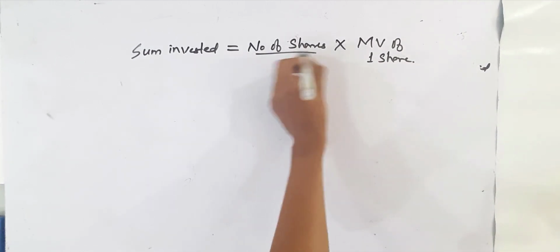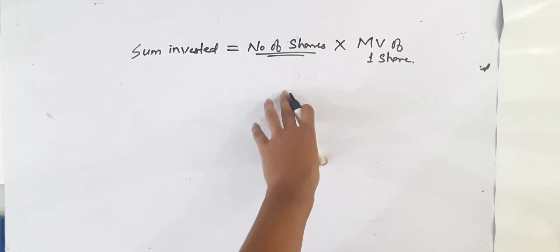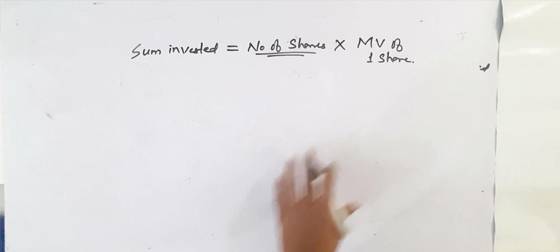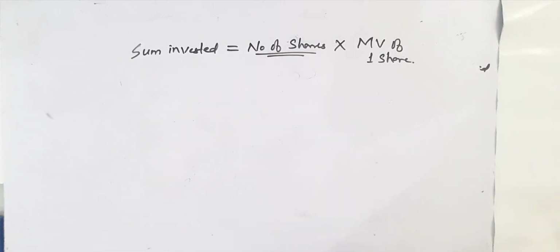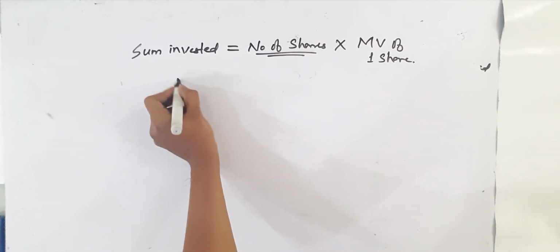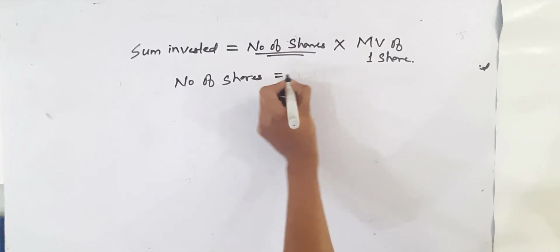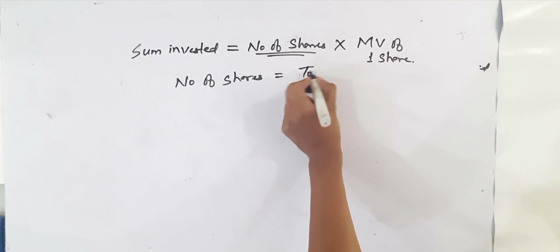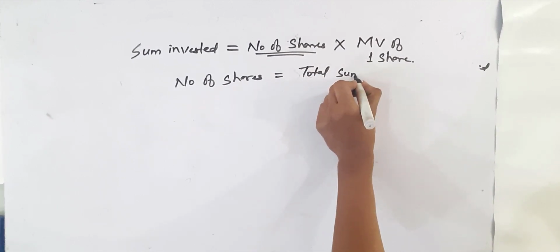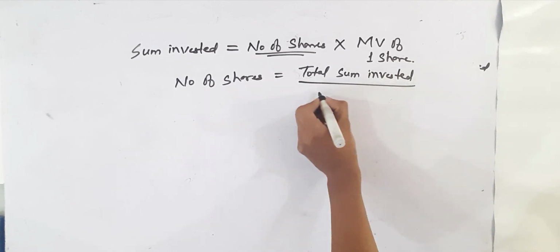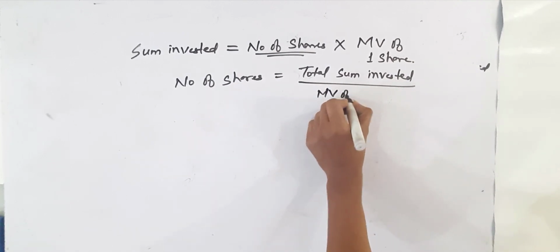The person will be able to purchase a share at its market value. So from this formula we can say that the number of shares will be total sum invested divided by market value of one share.